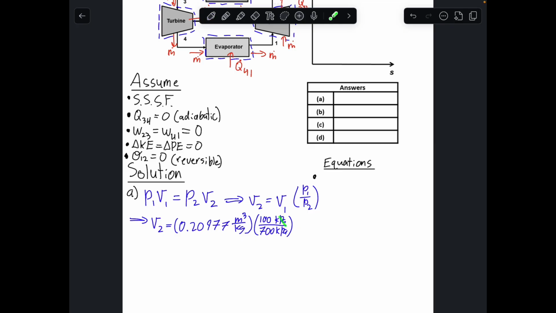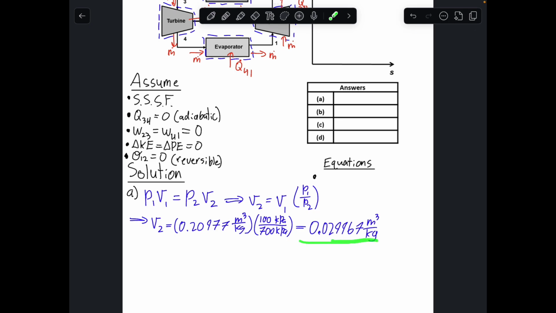And so these units will cancel out. We'll be left with just units of specific volume, and we will find that V2 should be equal to 0.029967 meters cubed per kilogram.